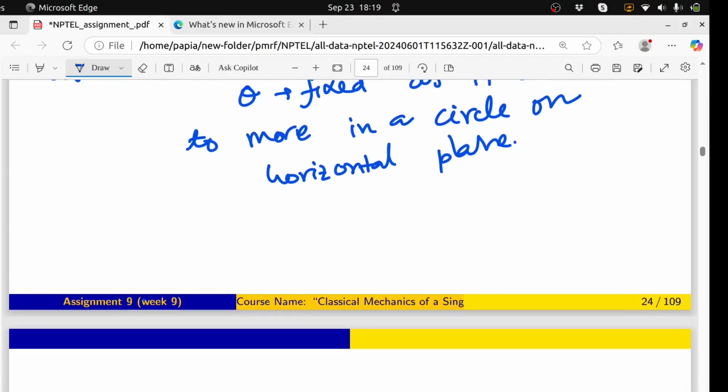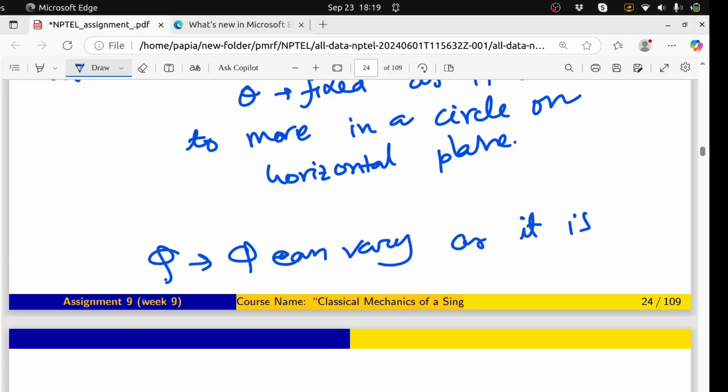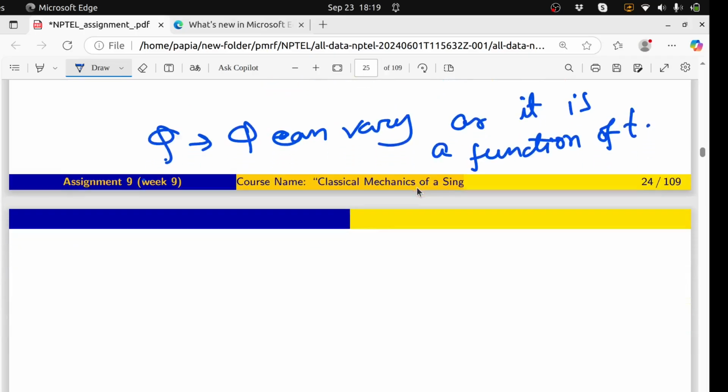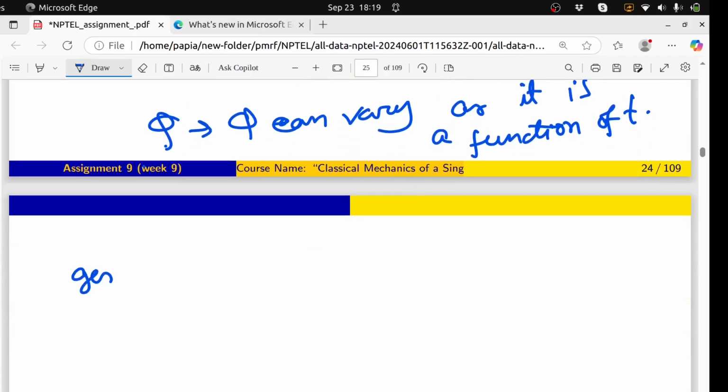And what about phi? Phi can vary as it is a function of t. So how many generalized coordinates are there?